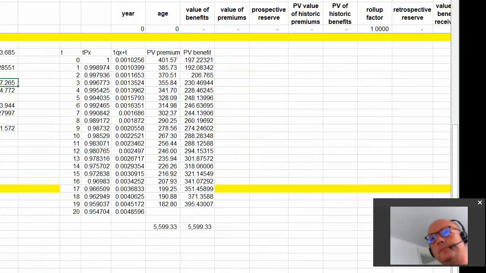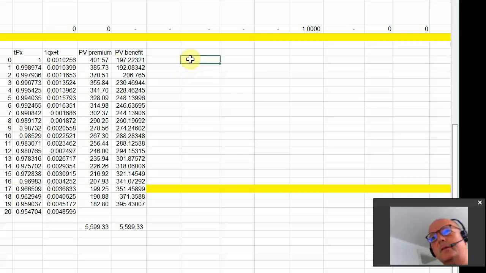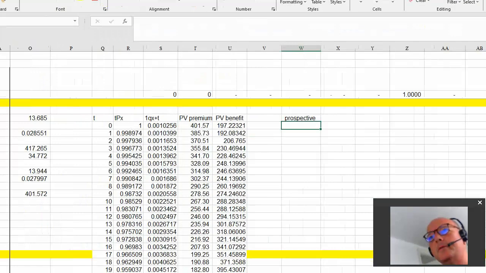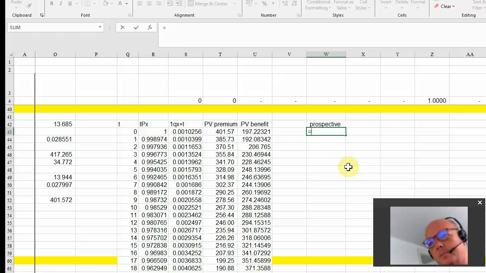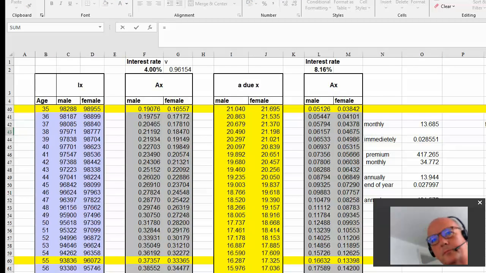Okay, so let's do that. So after 7 years, let's do prospective first, and the prospective reserve is going to be, well, let's have a 4213, which is equal to A42 minus 55 over 42 times 1 over 1.04 to the power of 13 times that.